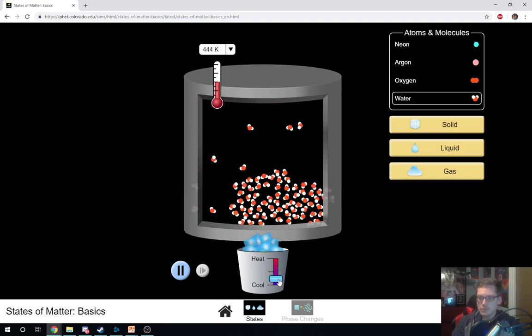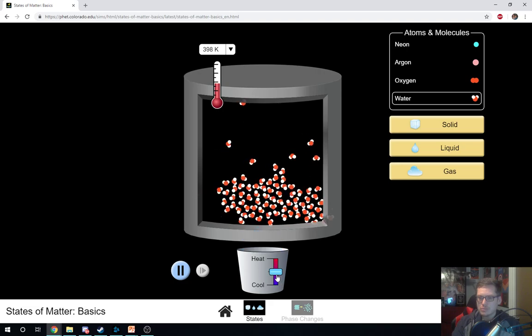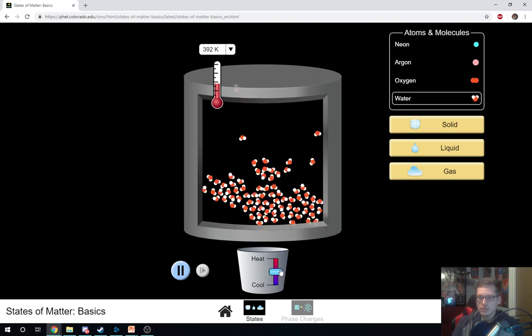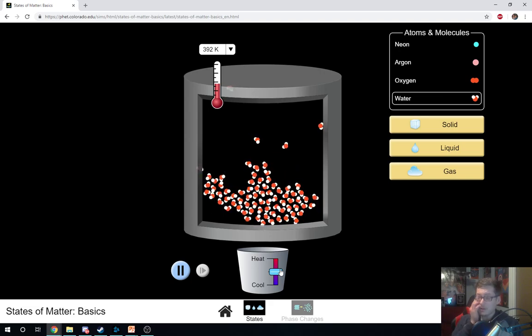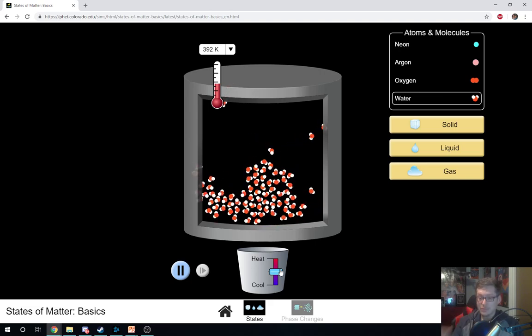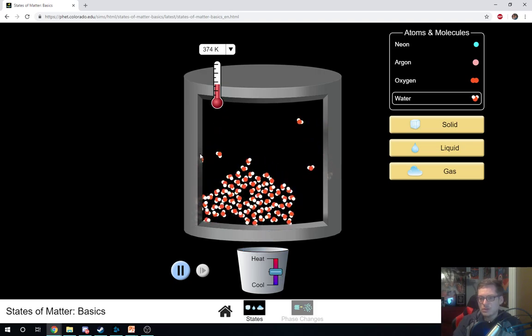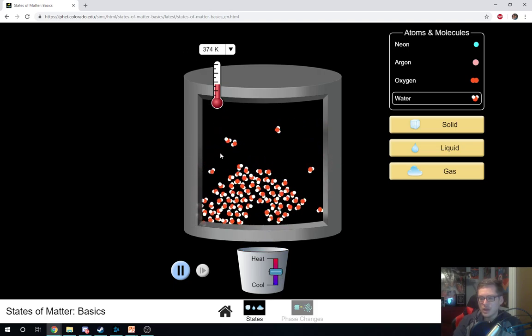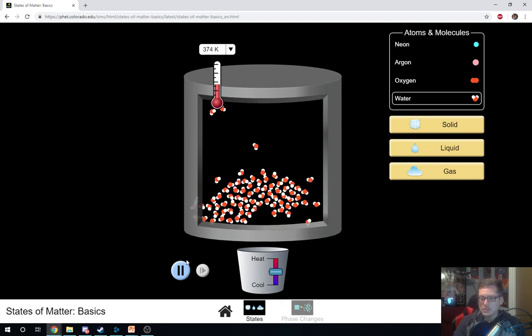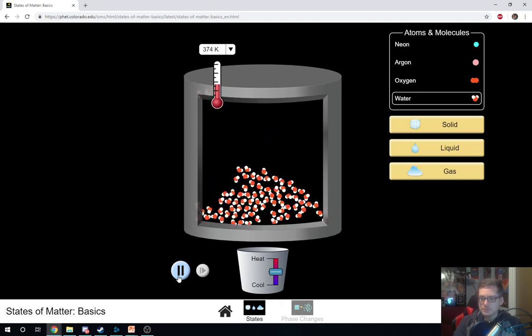All right, so maybe we'll cool it down a little bit. So we're just past, like right at the boiling point. So if we're at 273, oh yeah, we're still way past boiling point. But anyway, you notice that as we increase the temperature, we have more and more of these molecules that are able to escape into the gas phase, so on and so forth.